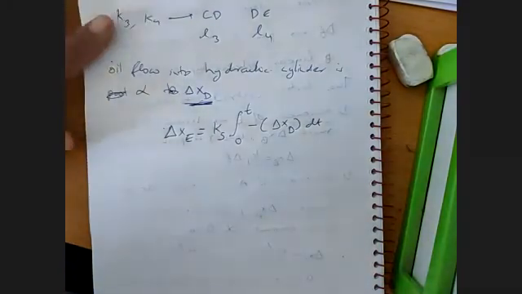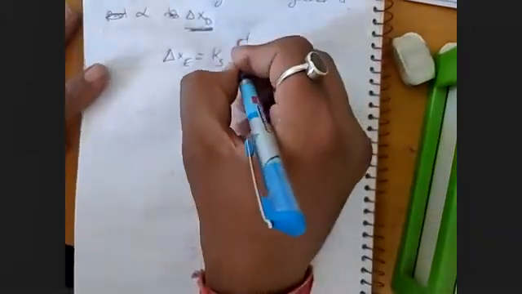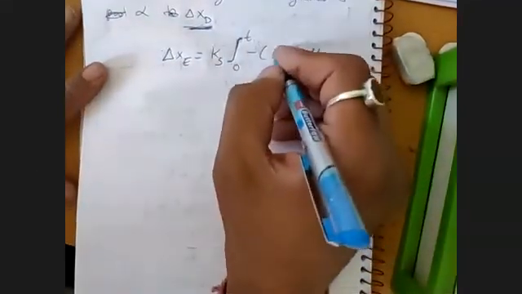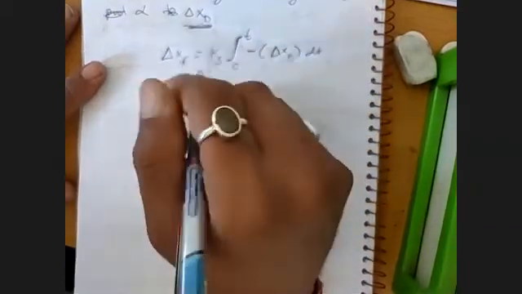This is an integration because it is the movement of your oil. The amount of oil which will be flowing in the system will be decided by delta XD, with a minus because it is opposite.